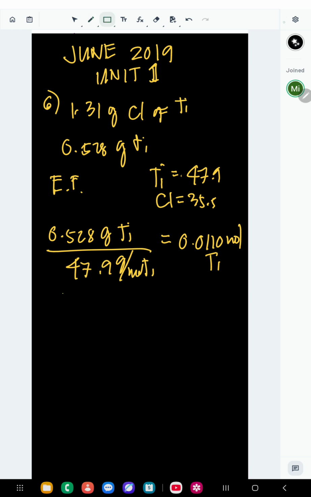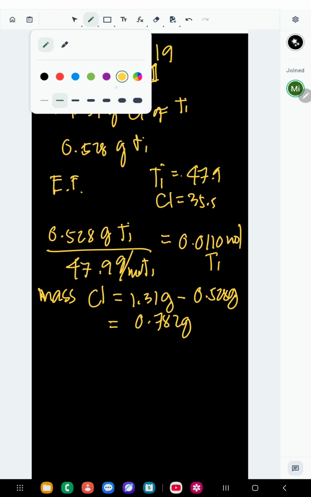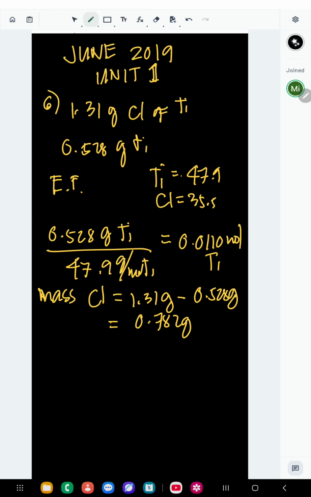It says here we need to calculate the mass of chlorine first, from the given 1.31 grams of sample. So we subtract the mass of titanium, which is 0.528 grams. Then we get the mass of chlorine, which is 0.782 grams. Then that one we convert to number of moles.